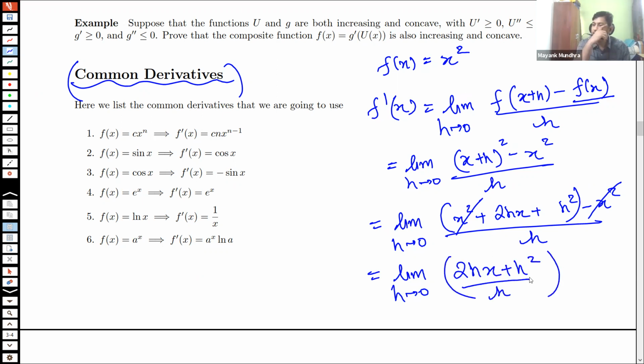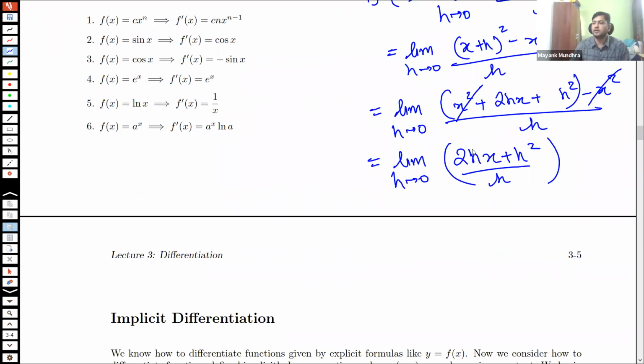So let me ask this question to Manas. So Manas, what is going to be this limit? See, I ask questions, okay, because I want to know if you are with me or not. So 0?